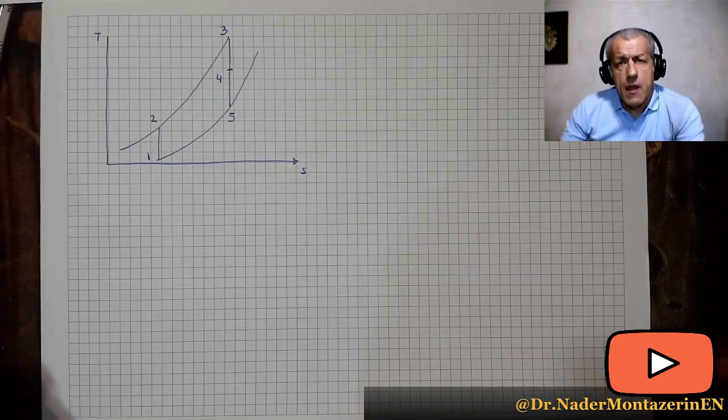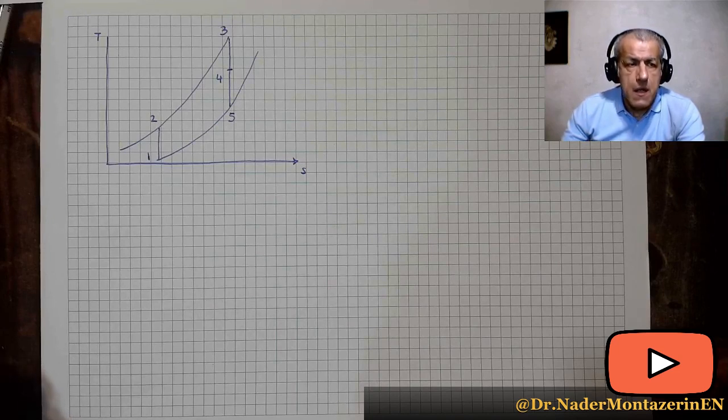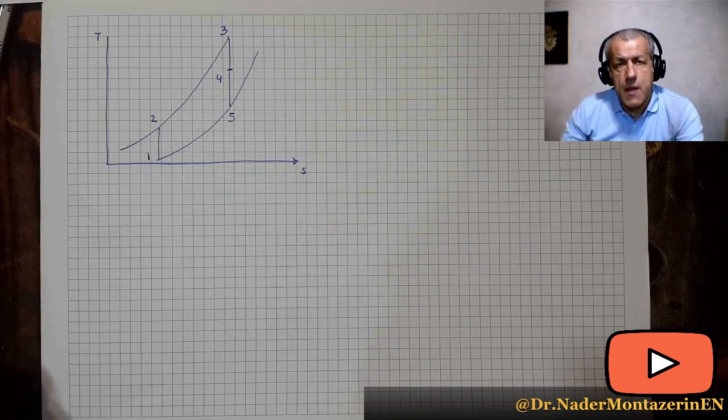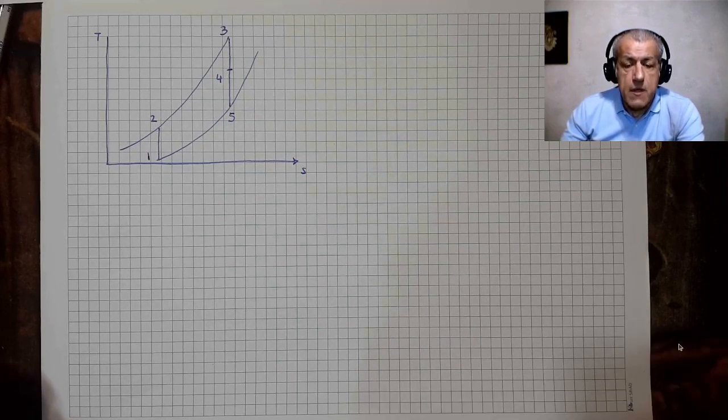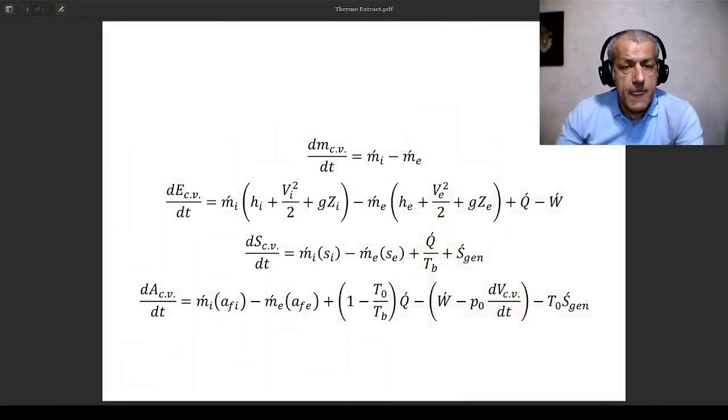In order to analyze different processes of this cycle, I've just redrawn my cycle and try to simplify all our governing equations for the cycle. You see, this is the mass conservation law, this is the first law of thermodynamics, and this is the second law of thermodynamics. Now, our cycles are usually steady.